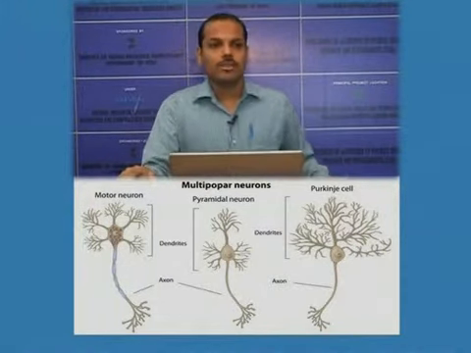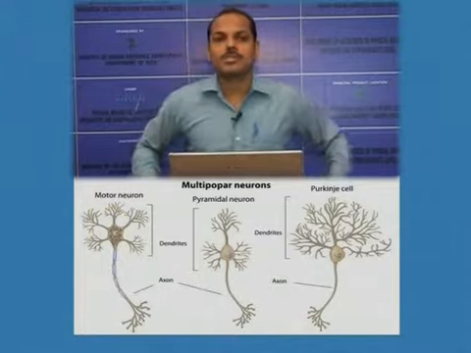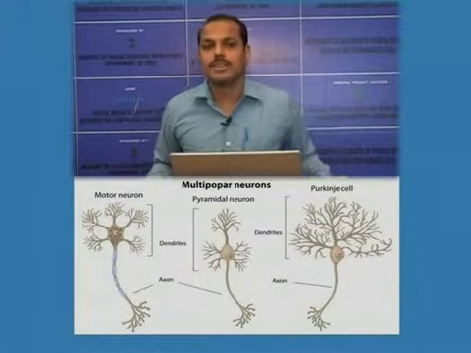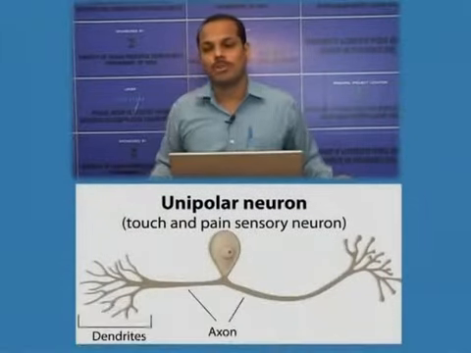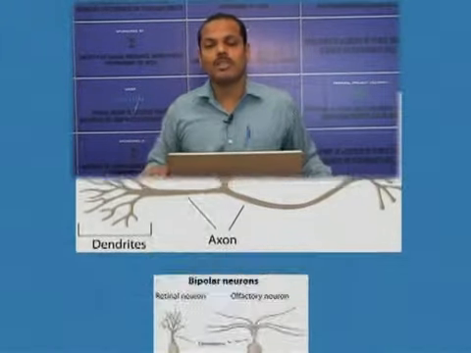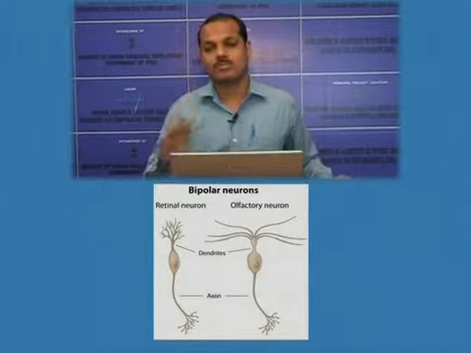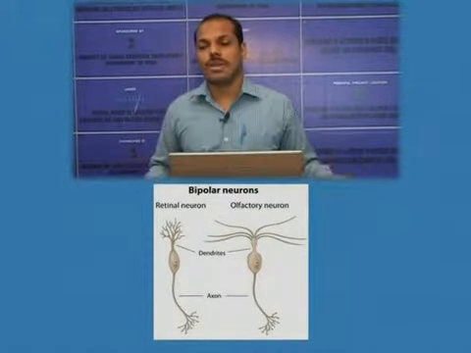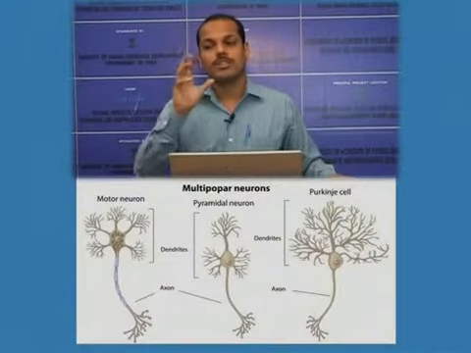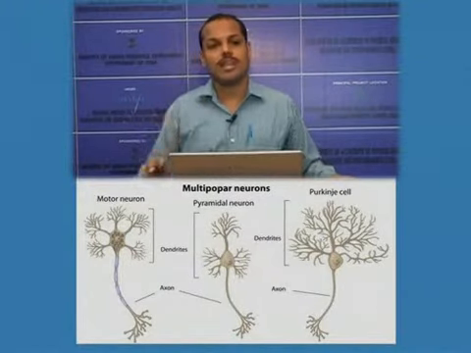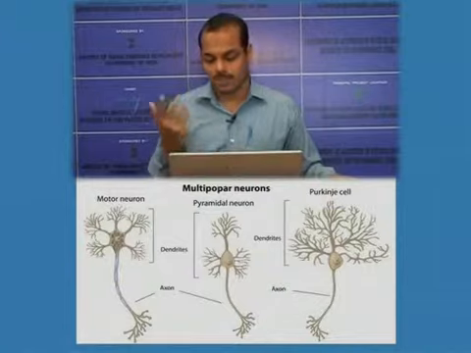So based on the number of fibers extending from the cell body, neurons can be divided into unipolar, where only one extension is there; bipolar, where two extensions are there, one axon and one dendrite; and third, multipolar, which has many extensions, many dendrites and one axon.